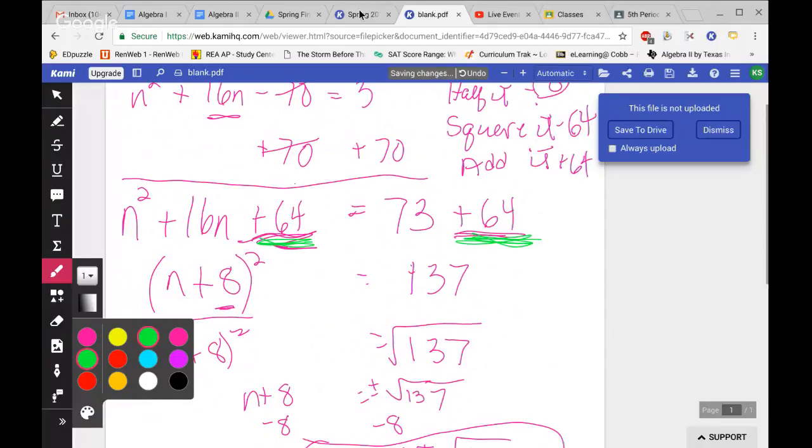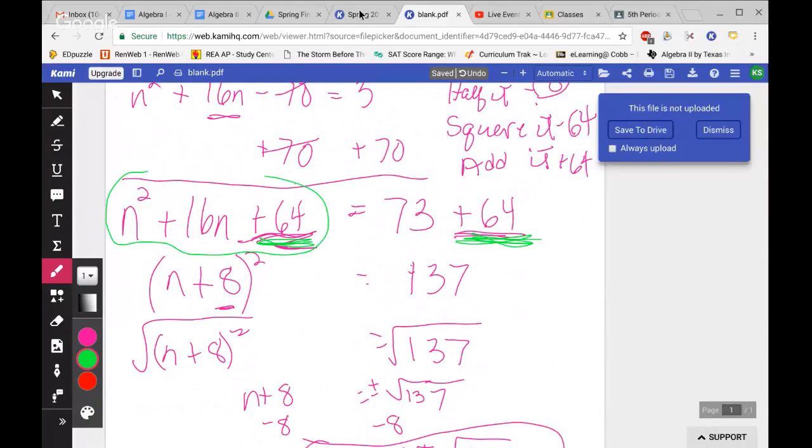The whole idea of completing the square is that I'm creating a perfect square trinomial, which, remember, is a polynomial with 3 terms: n squared plus 16n plus 64.